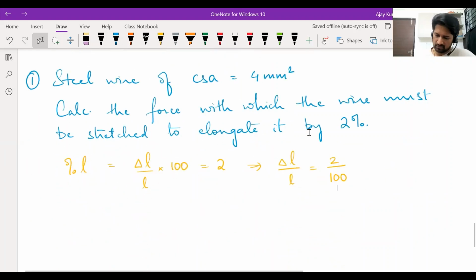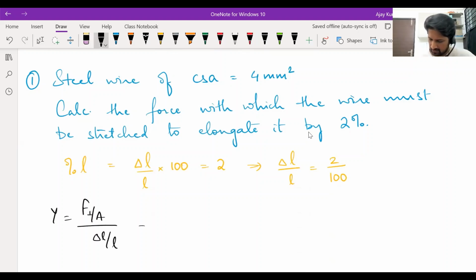Directly substitute. So Y is equal to F perpendicular by A divided by delta L by L. So F perpendicular by A becomes Y delta L by L, or you can say F perpendicular becomes Y delta L by L multiplied with A. That's all. Young's modulus is given, 1.9 into 10 to the power of 11.